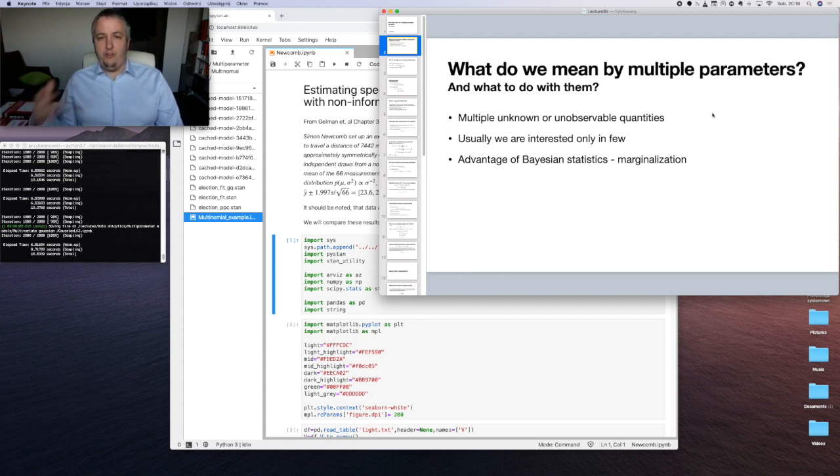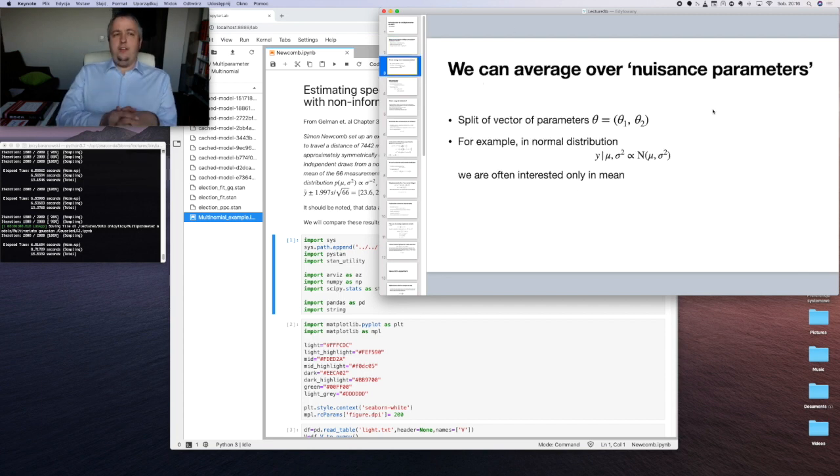And for that, there's an advantage of Bayesian statistics. We can marginalize. So we can take our joint distribution of measurements and parameters and extract from that only the values that we want, however with all the consequences of having a marginal distribution.